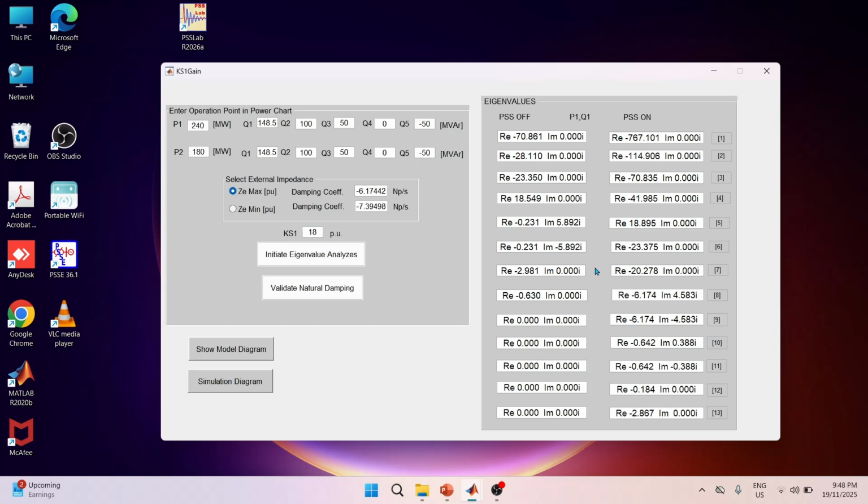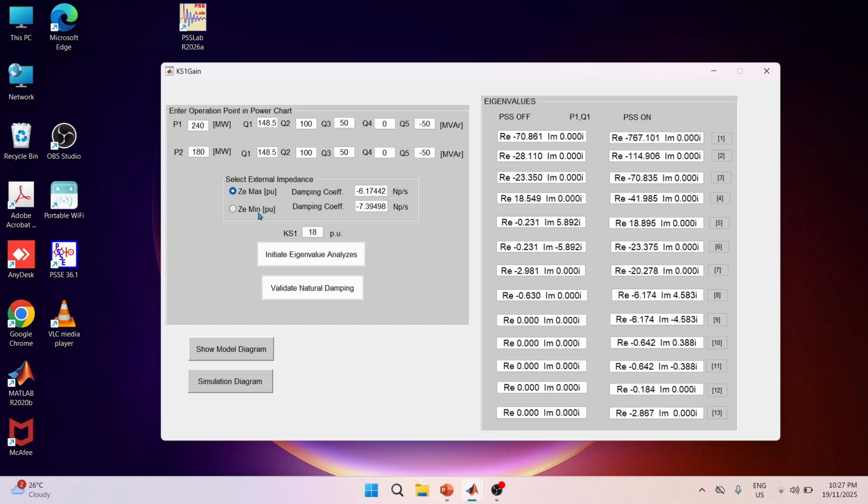With PSS on, the real part has substantially increased to minus 6.174 and the imaginary part is 4.583 radian per second. The damping coefficients are also shown here in separate text boxes in units so-called Neper per second for the maximum grid impedance and separately for the minimum grid impedance.